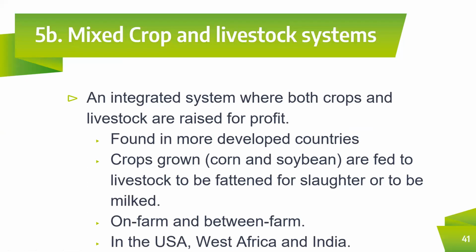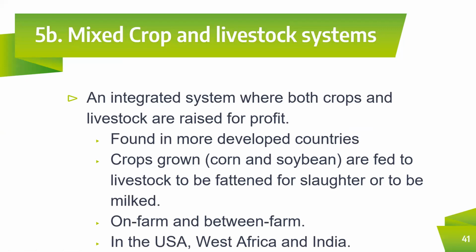Next, within intensive agricultural practices, we've got mixed crop and livestock systems. It's an integrated system where both crops and livestock are raised for profit. These are going to be found in more developed countries. Basically, you grow crops and livestock at the same time. Crops are grown, mainly corn and soybean, and they're fed to the livestock to be fattened for slaughter or to be milked. There are two types: on-farm and between-farm mixed crop and livestock systems.